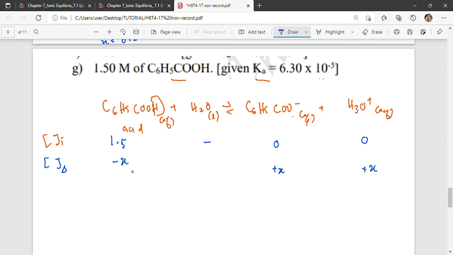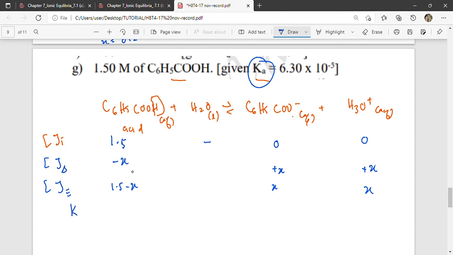Ka is the acid dissociation constant. So the concentrations at equilibrium will be 1.5 minus x, x, and also x. Okay, we solve for x. How do we solve for x?